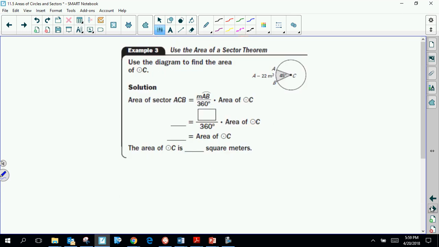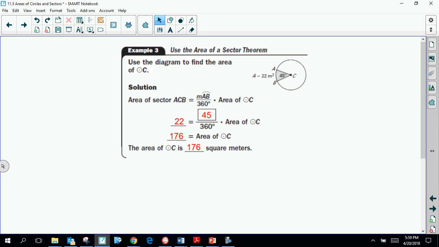So here, again, we're going to use that sector area formula. In this case, it's asking us to find the area of the entire circle. Now here, I really am not a big fan of how they set up the problem. It's really just cut and dry. They're not giving you a whole bunch of stuff here. They're not even really giving you the step-by-step things.